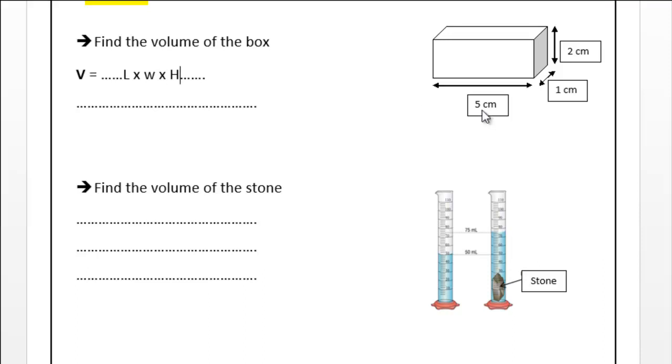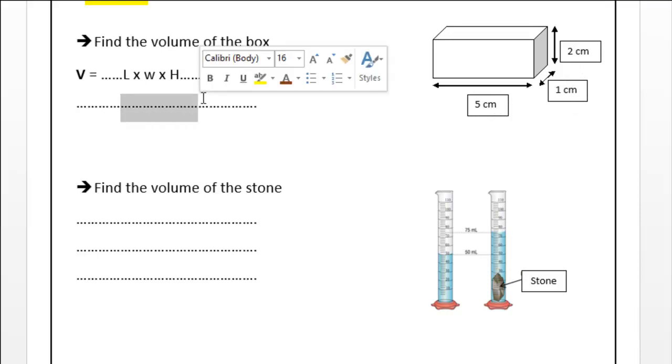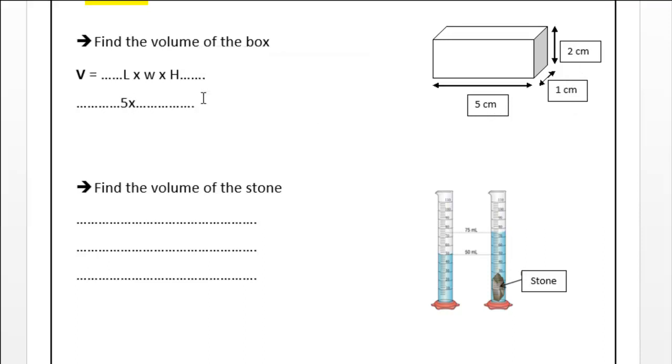Okay, so here length and width and height are 5 and 1 and 2. So the volume equals 5 times 1 times 2. 5 times 1 times 2 equals 10 cubic centimeters. And don't forget to write the unit. 10 cubic centimeters.